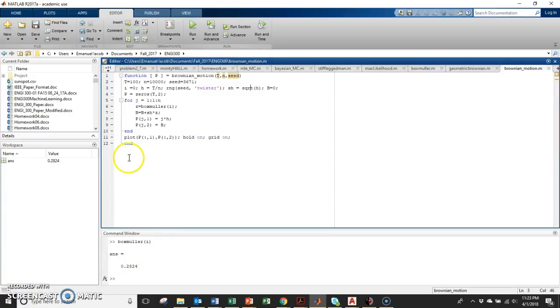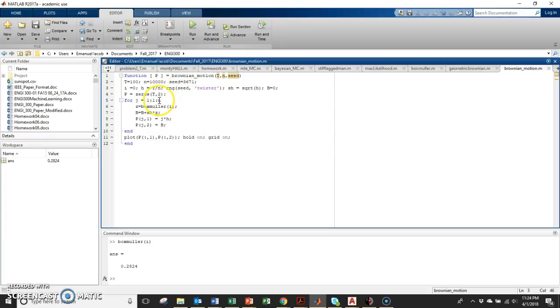So now let's go to the Brownian motion part of it. The reason we did that Box-Muller function was because we're going to call it inside this for loop. With Brownian motion, we're given 3 different examples, or situations, where we set t equal to 100, n equal to 10,000. So t is our period from 0 to 100, and then we can set different seeds and look at the way it looks.